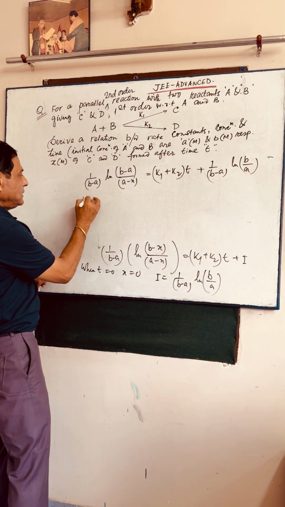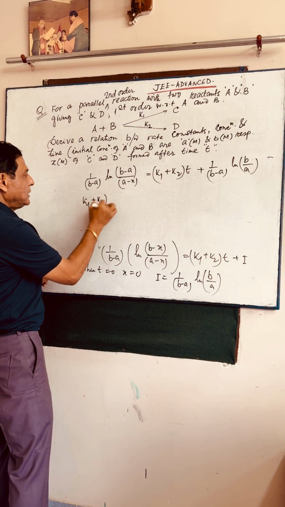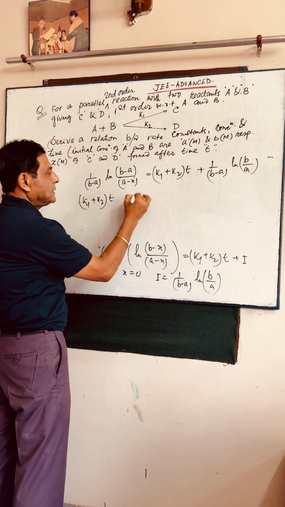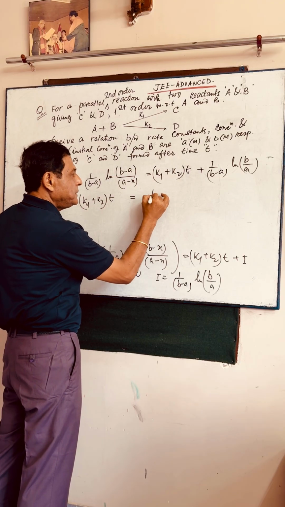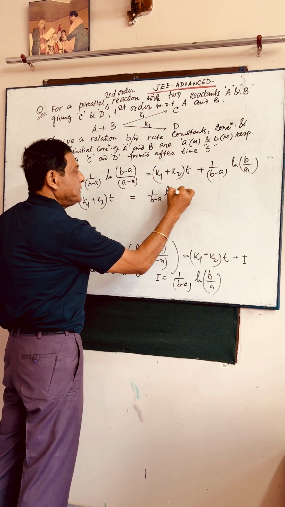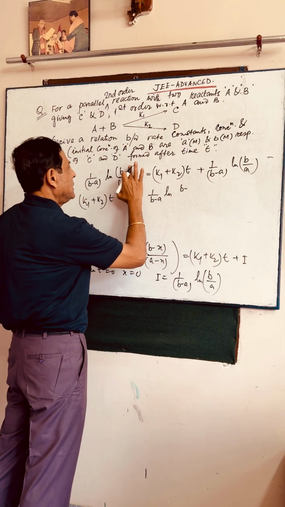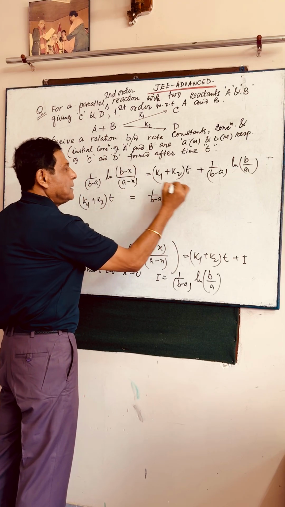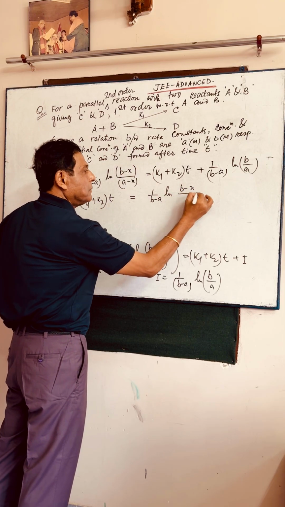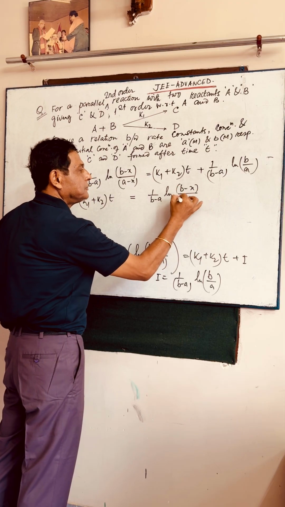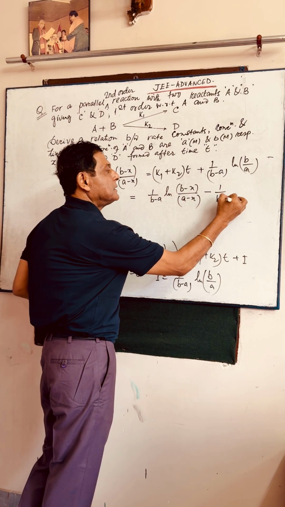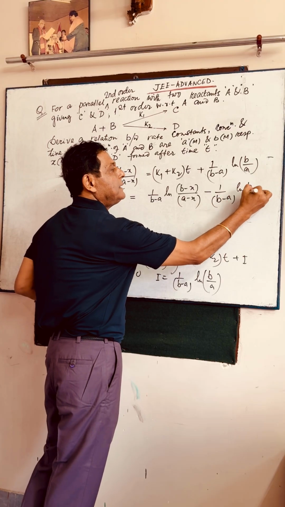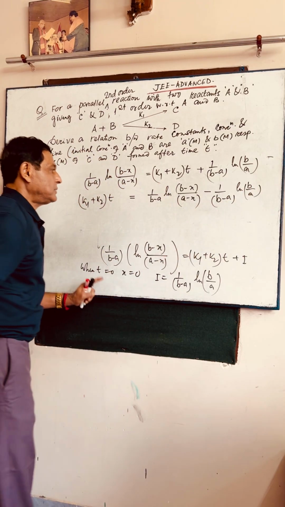So (k1 plus k2) into t, I am writing, is equal to this minus this, that is 1 by (b minus a) ln((b minus x) by (a minus x)) minus 1 by (b minus a) ln(b by a). Just transfer on this side.